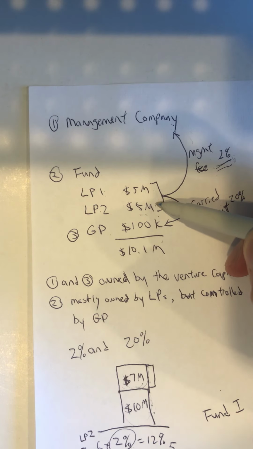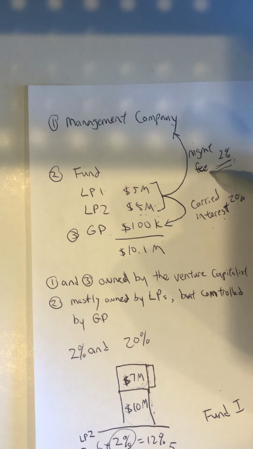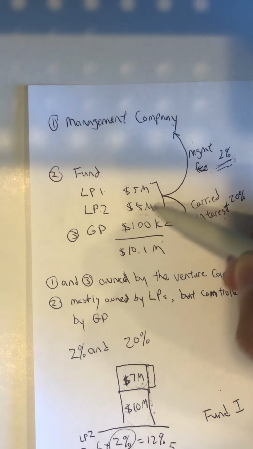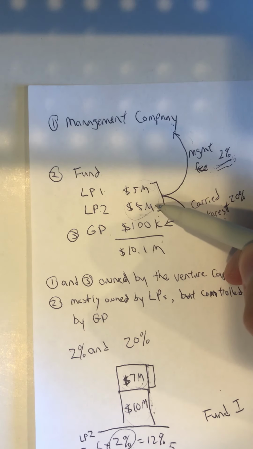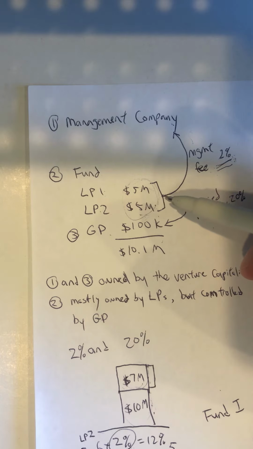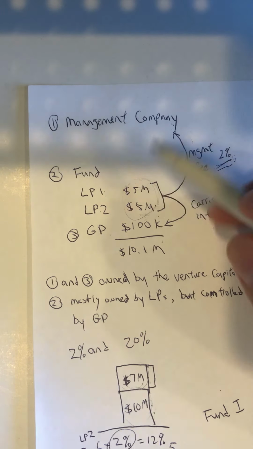The answer is no, because we have to leave some over for management fees and other expenses that the fund incurs, right? So we cannot invest the entire $10 million. We have to invest, say, 80% of that. So let's say we invested 80%.